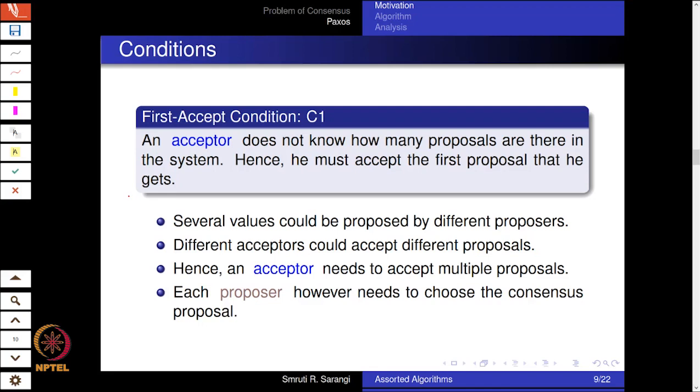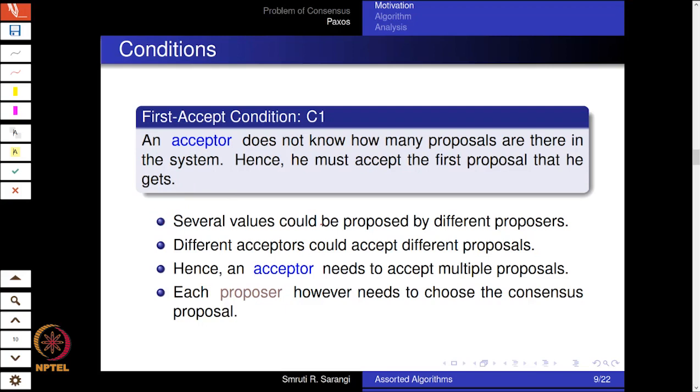So it does not know how many proposals are actually floating around in the system. Hence, the only choice that an acceptor actually has is to accept the first proposal that it gets, right? This is pretty much the best that the acceptor can do. Subsequently, it can become more choosy, but at least the first proposal it needs to accept.